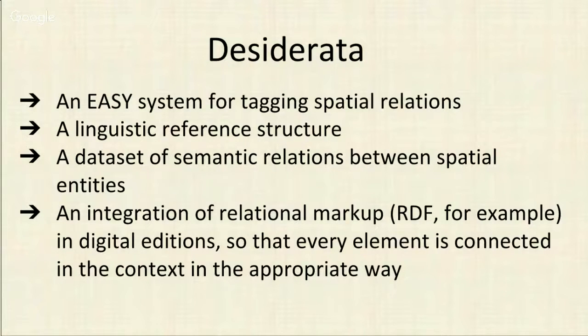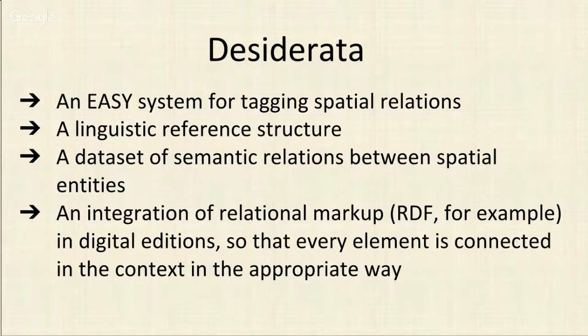And also, we need a standardized reference structure for the semantics of the relations that we have between spatial entities, and for the linguistic expression for the description of space that we have in historical documents. And this is something that we still need and that we are working on at the moment. So there is no definite answer to these things at the moment.